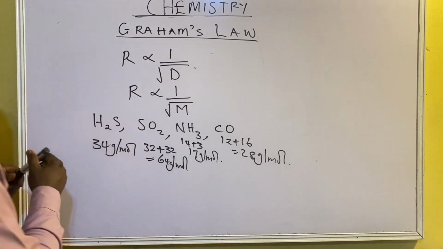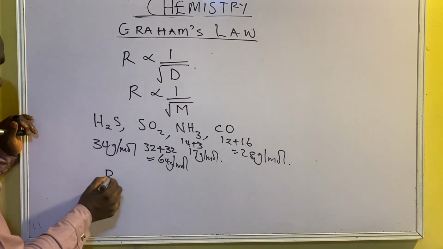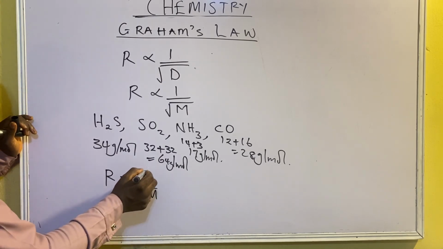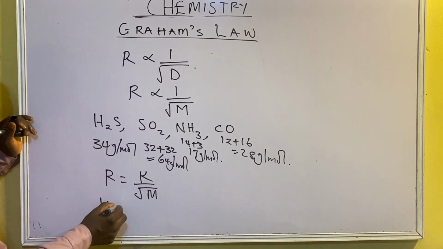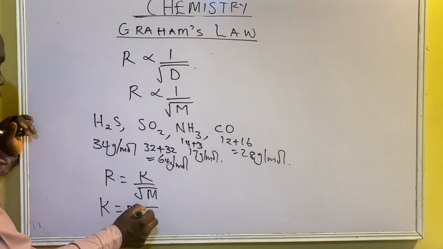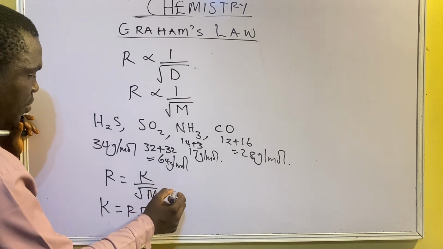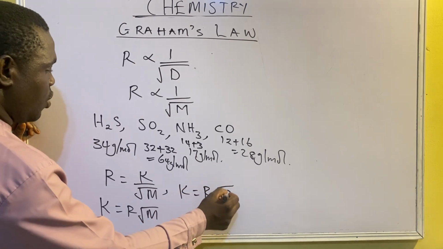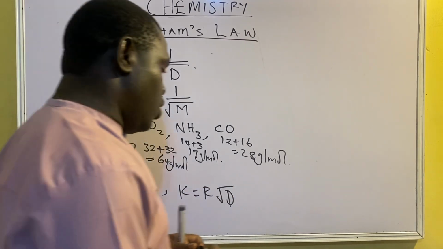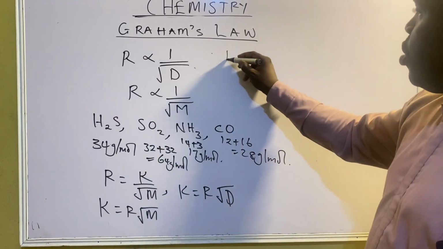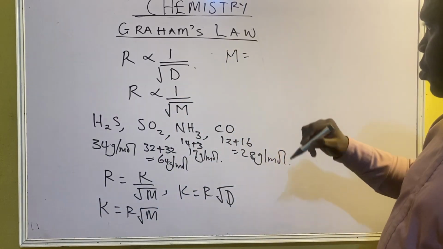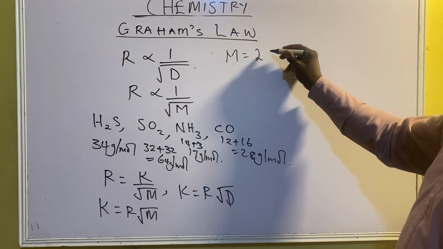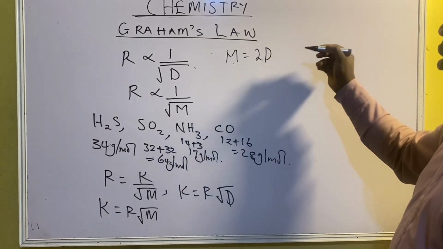So let's continue now. We have this equals to this molecular weight. You introduce your constant. So your constant equals to this. You could also have it this way, so that you have K, R, and then your vapor density. Now it should be noted that our molecular weight, which I'm using as a capital M, is 2 times density.